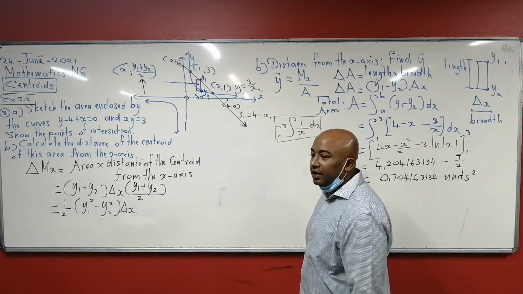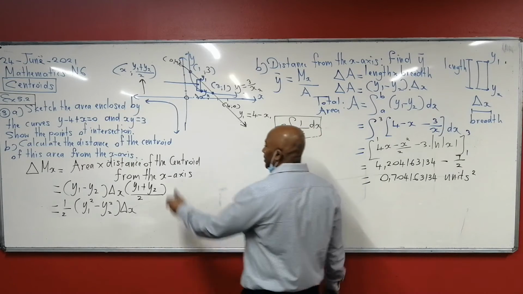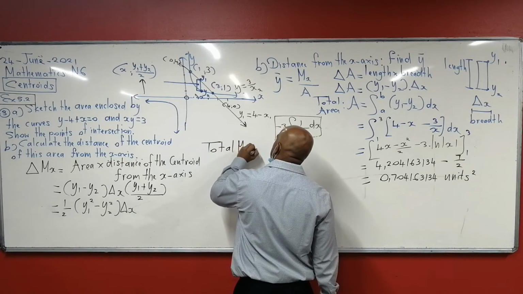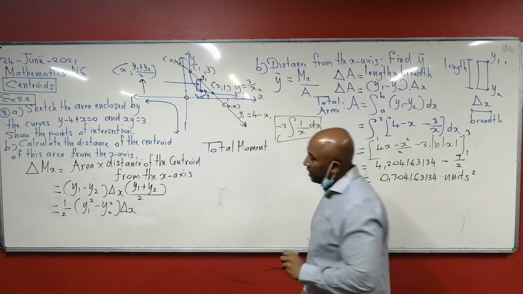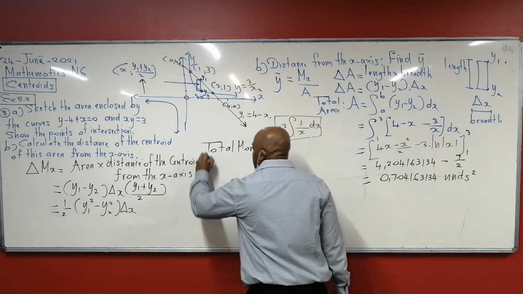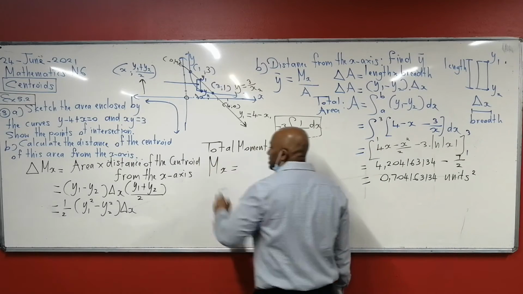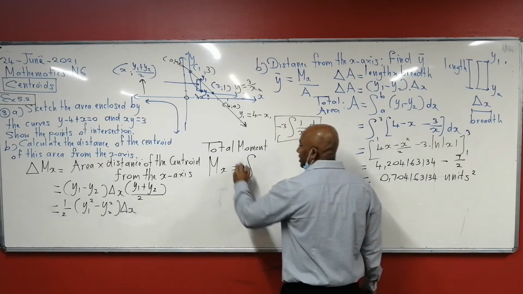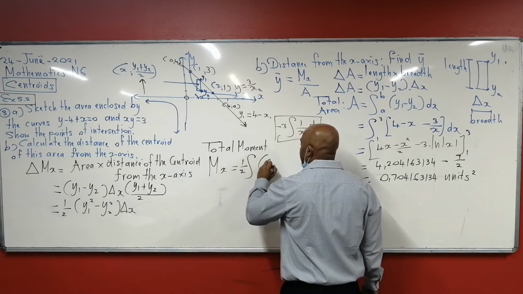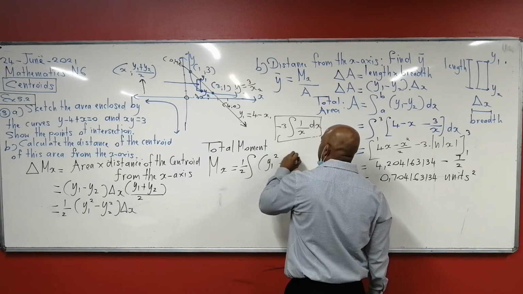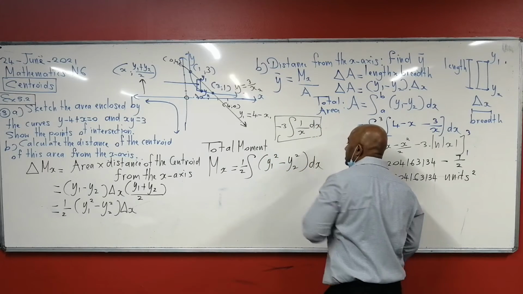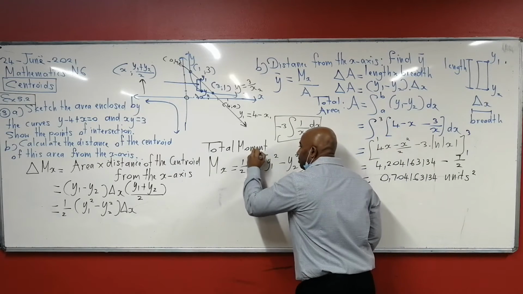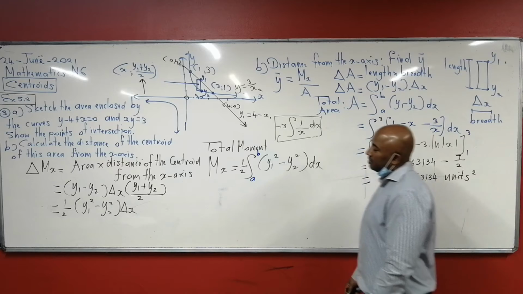Alright. And then we can now get total. So when I write down total moments, I'm just going to write down mx, and now I will integrate. So I'll put in my integration there, so that's my half, y1 squared minus y2 squared dx, integrating with respect to x, same b and a value.